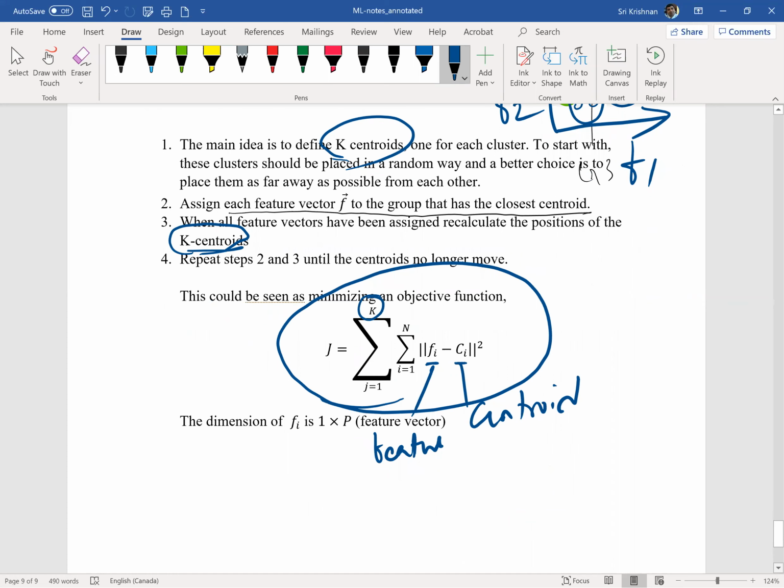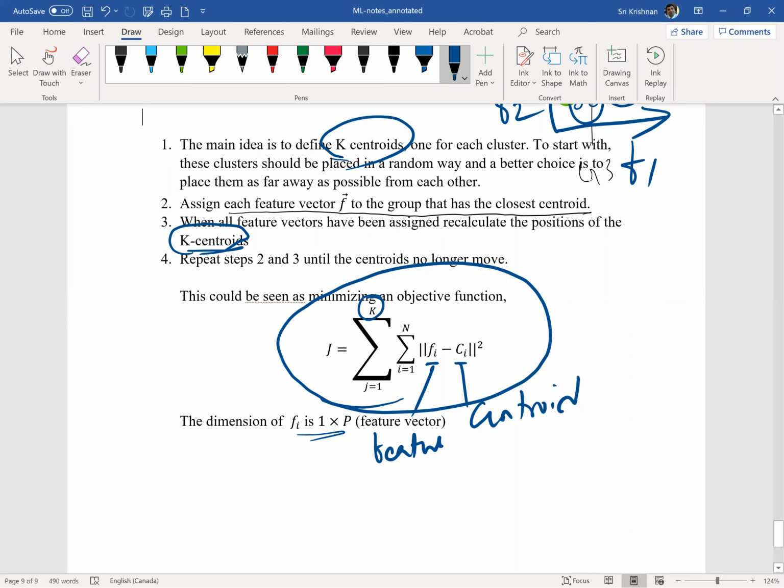And just like we decided before, we are not sending the signal directly to the classifier anymore, we are only sending the features. The feature is assumed to have vector length p, or it's a 1 by p feature vector. So this is how we do k-means.